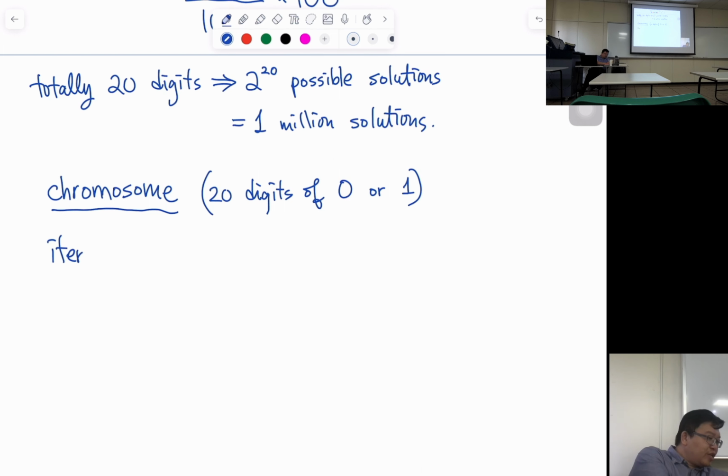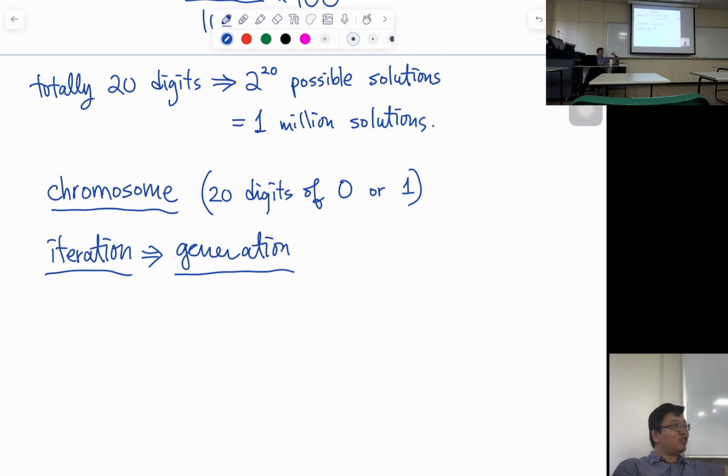They rename iteration as generation. In different generations, you have new species with mutated chromosomes. They just put this evolutionary procedure into the entire mathematical problem.